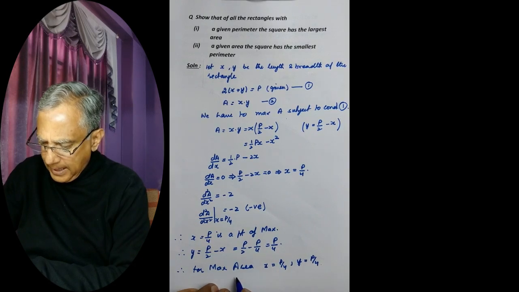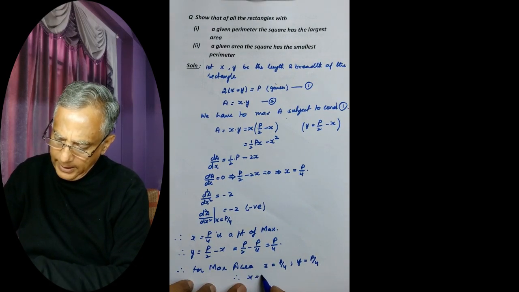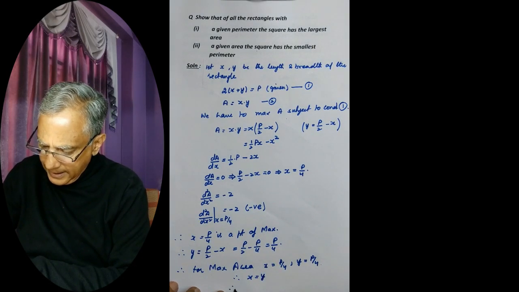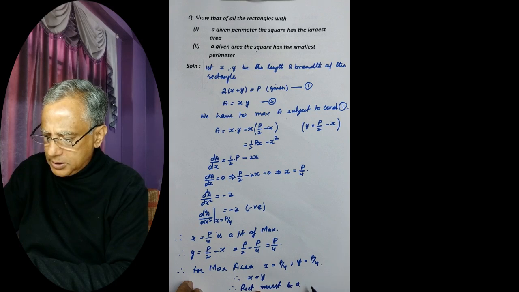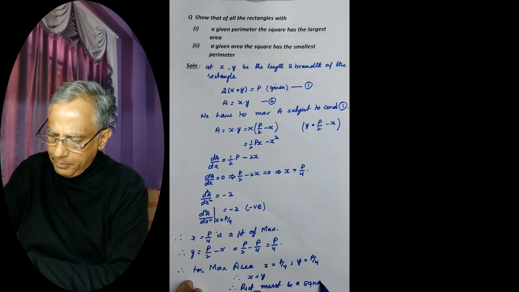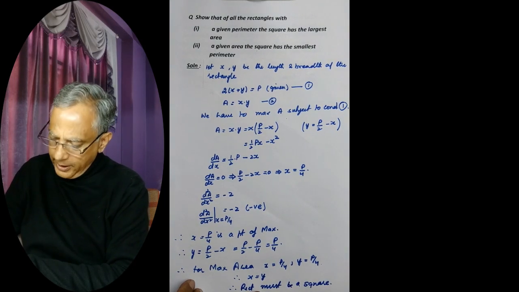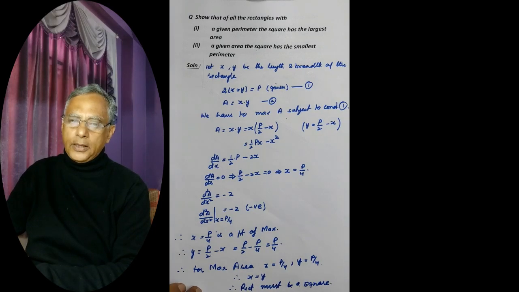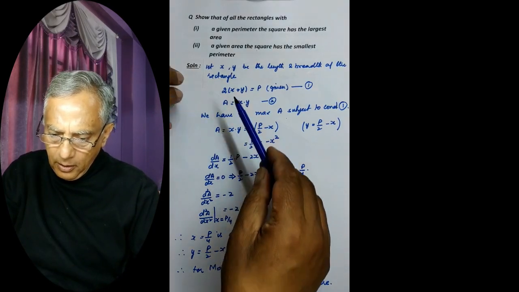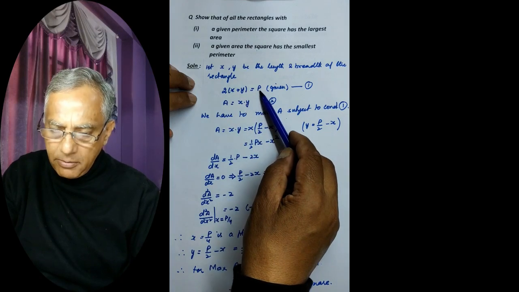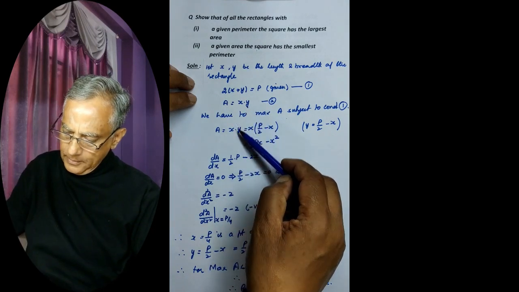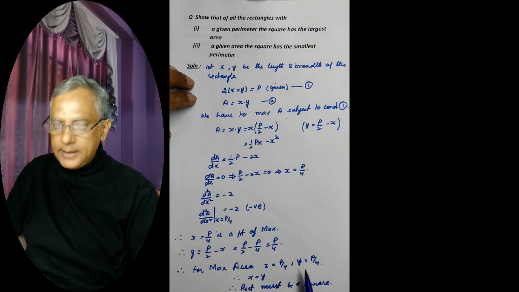Therefore, x is equal to y, and therefore the rectangle must be a square because its length and breadth are equal. Therefore, a rectangle with a given perimeter has maximum area when it is a square.